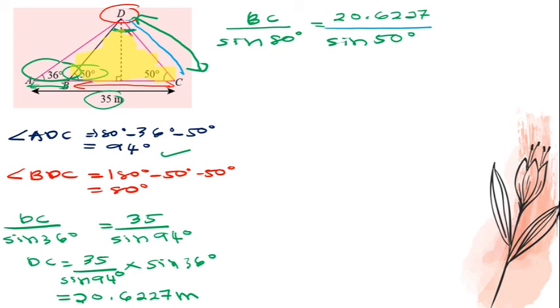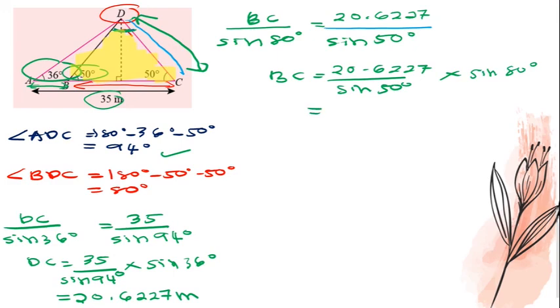So BC is equal to 20.6227 over sine 50 multiplied by sine 80 degrees. So you will get BC as 26.5120 meters.